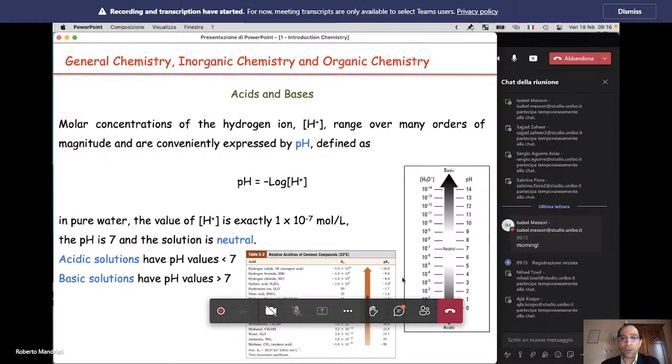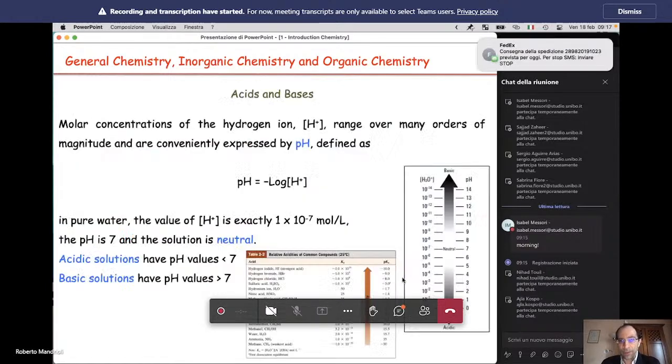Yesterday, we finished with the definition and some information on the concept of pH. And this is, let's say, all regarding general chemistry for this course.